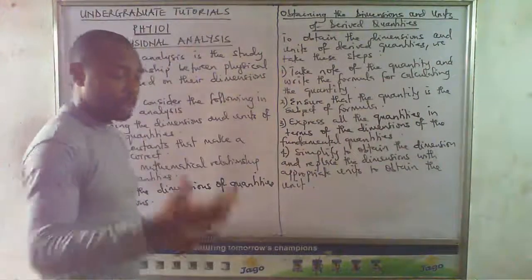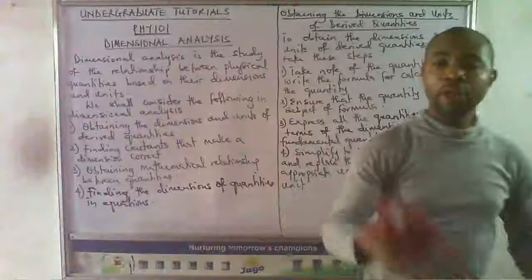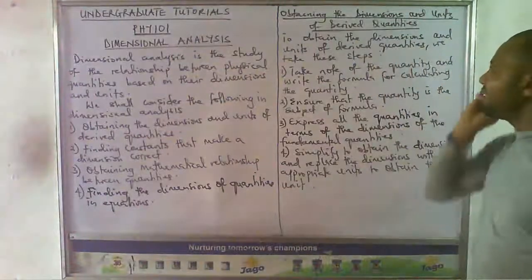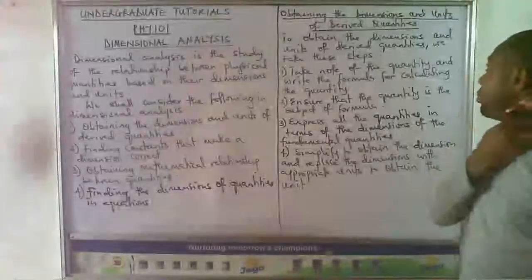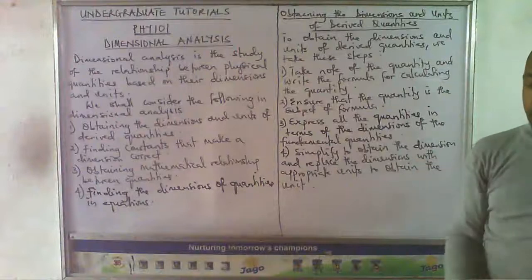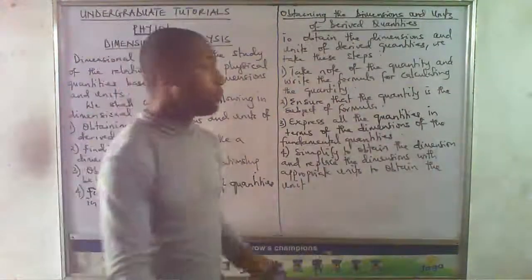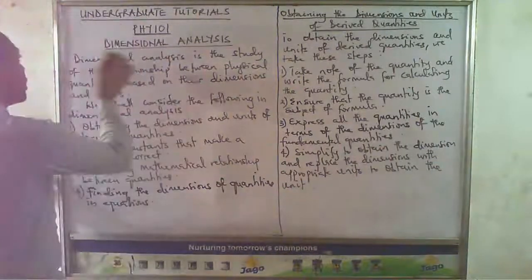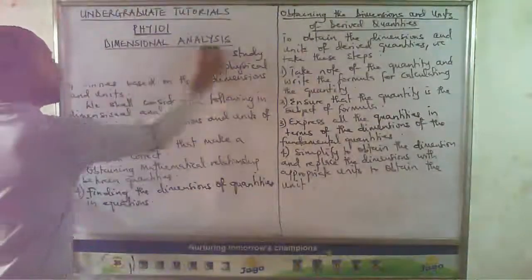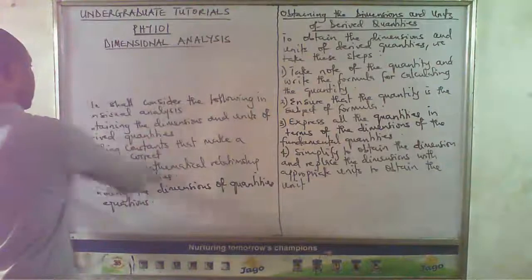Alright, just 4 steps that we have to take in order to obtain the dimension of derived quantities. So we are going to use these 4 steps to cite 1 or 2 examples before we go on a break. So we are still on dimensional analysis. Let's take first example.